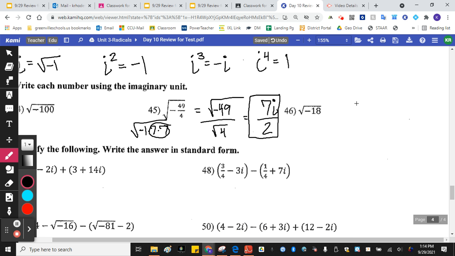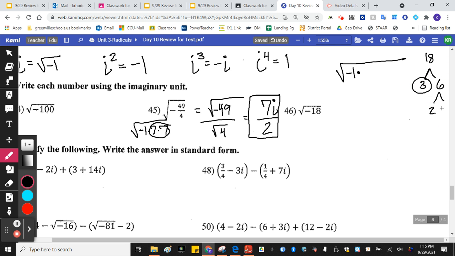What about 46? It's negative, so we know it's imaginary. 18. We don't know the square root of 18. If you put it in a calculator, it'll give you a decimal. We don't want any decimals. 3 and 6.